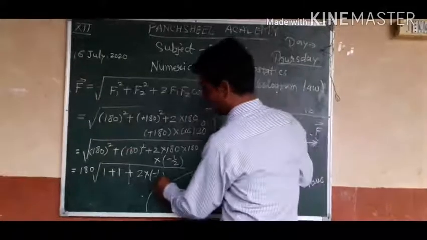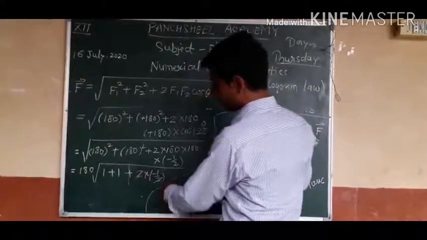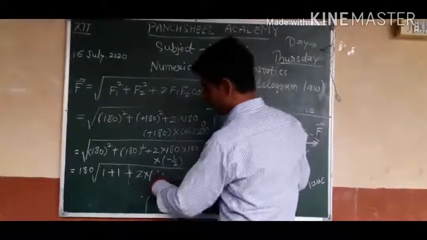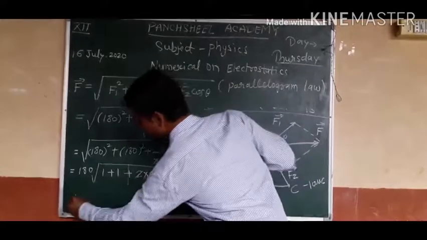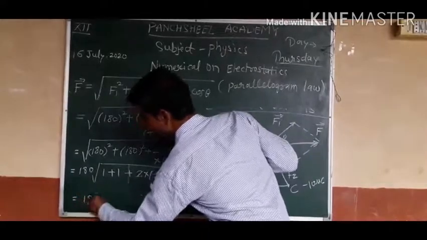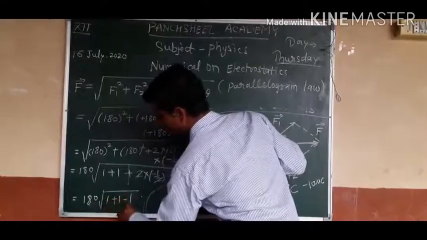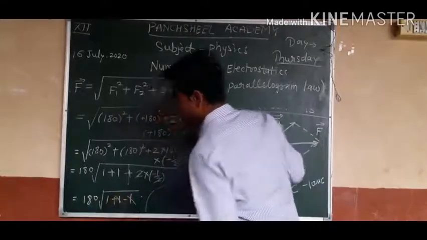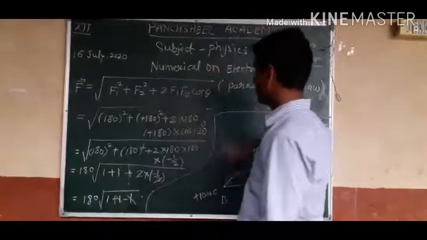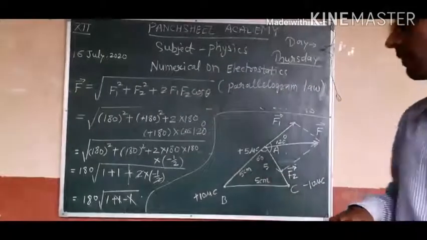So minus 2, 2 cancel, minus 1 and plus 1, so 180 and in bracket 1 plus 1 minus 1, so plus 1 and minus 1 cancel out.